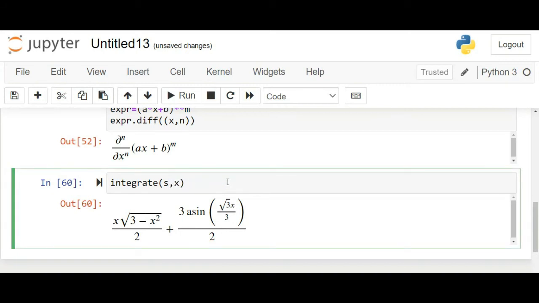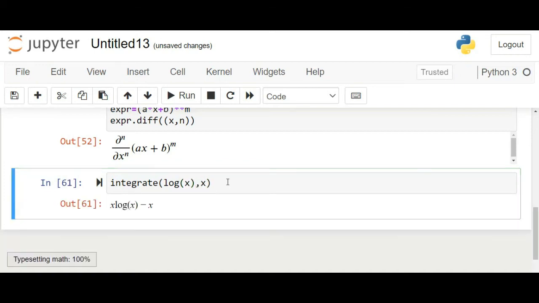Okay, for example, if you write log of x, then our answer will be x log of x minus x over here. So you can write any function, any trigonometric functions or any algebraic expression over here, and you will have your integral.